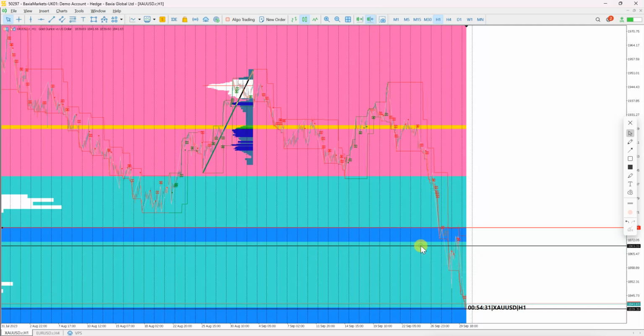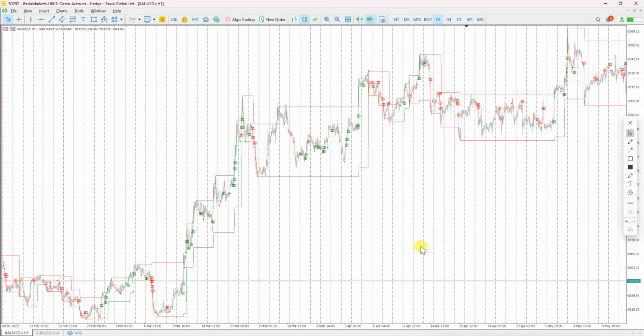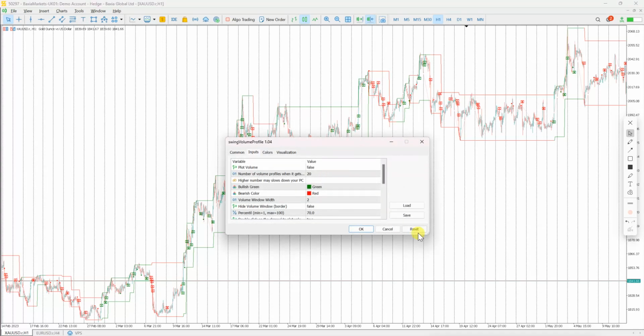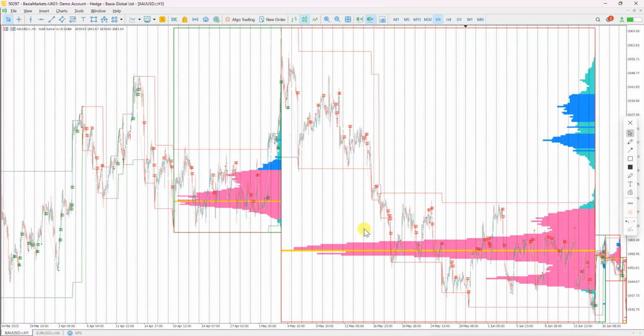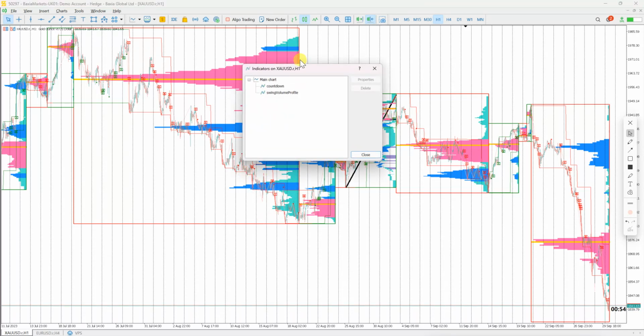Let's make it default. Here you notice we have a frame, right? We can put a frame on the volume profile.